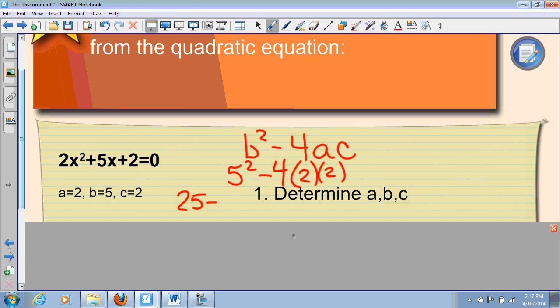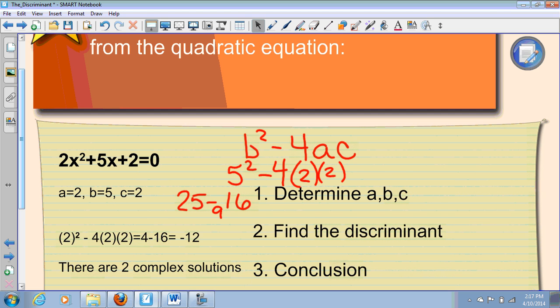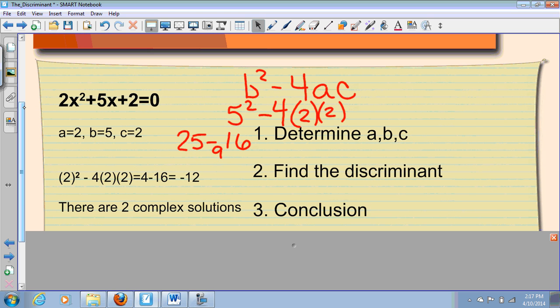Minus 4 times 2 is 8, 8 times 2 is 16. That is 9. It's greater than 0, so we have two real. Did I do something wrong? Oh, I put in 5. This is incorrect. So there are two real solutions.